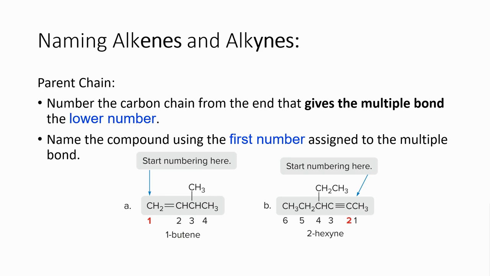Okay, so if we count this molecule, we've got 1, 2, 3, 4, 5, 6. So that's hex, that's our prefix, and then yne is our suffix because we have a triple bond. And the triple bond is at the 2 carbon. Okay. Questions on that? Pretty straightforward.